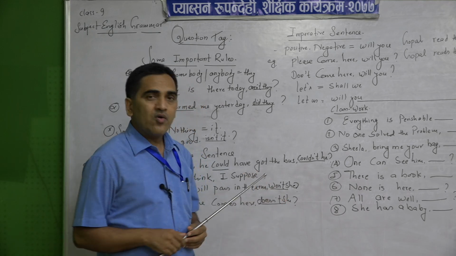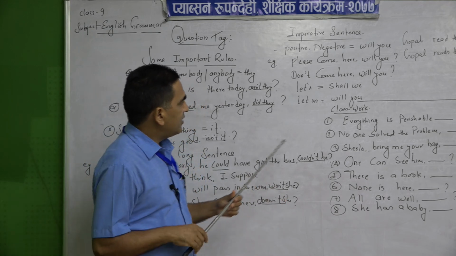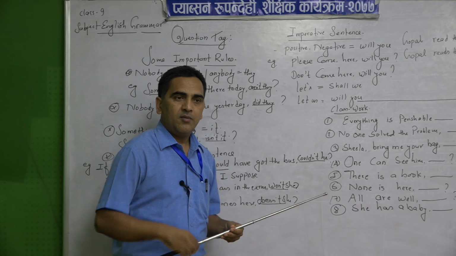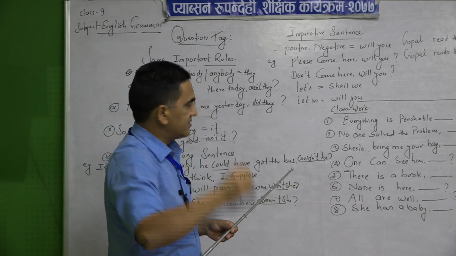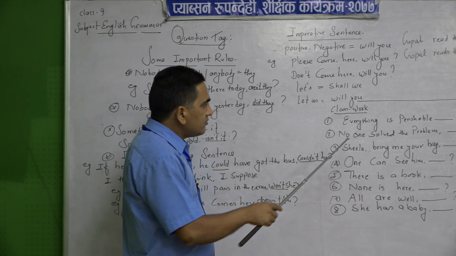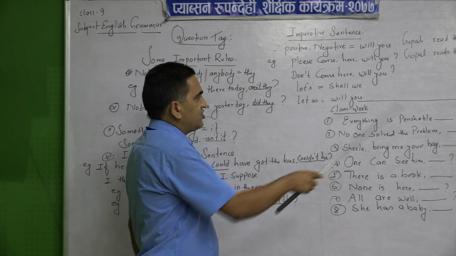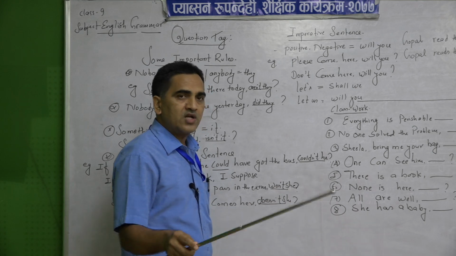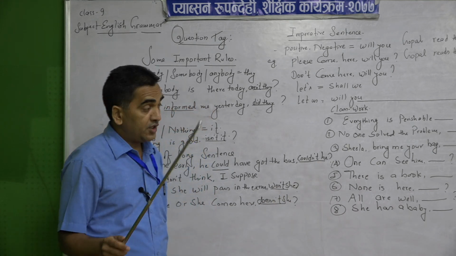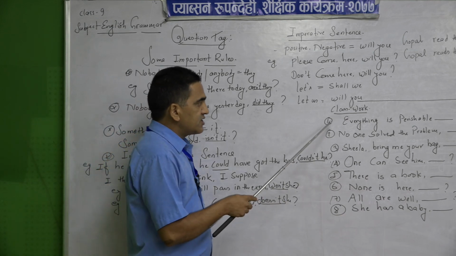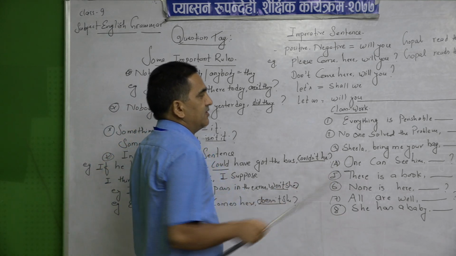And now my dear students, I am giving you some questions. Please take out your copy and note down some questions. Alright, let me dictate now. Classwork, just note down in your copy. It is your job, first you note down in your copy. Now first number: everything is perishable.